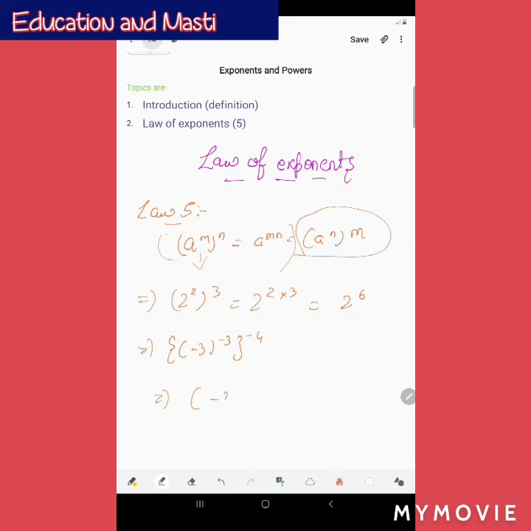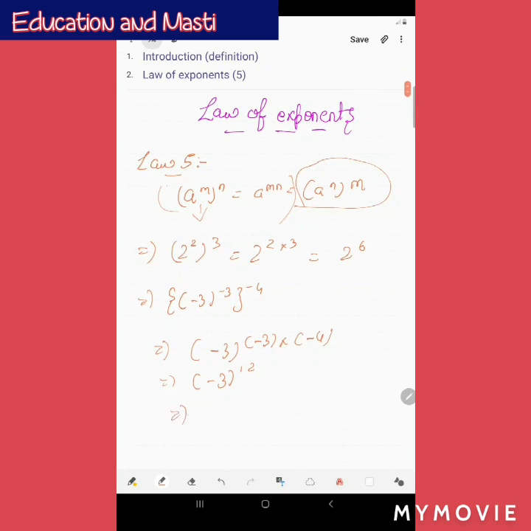Now minus 3 into minus 4 I will do, then I will get minus 3 to the power 12. Now understand, will it be minus 1 or plus 1? It will be 3^12. I hope you have understood how to do this; it is the same thing, nothing different.